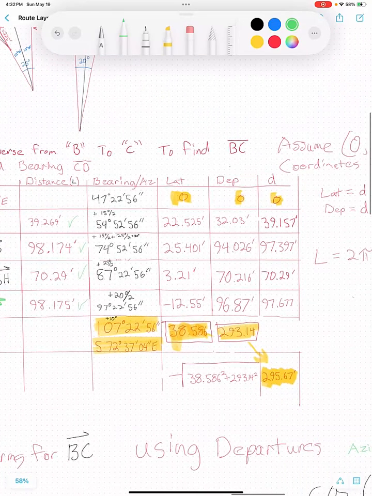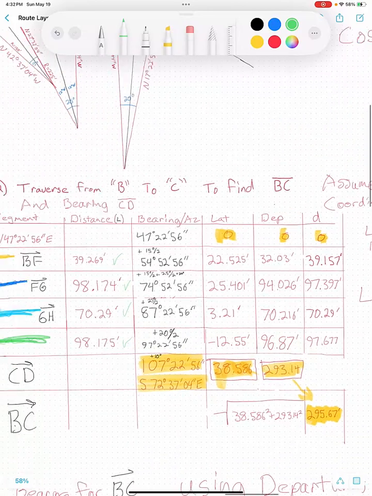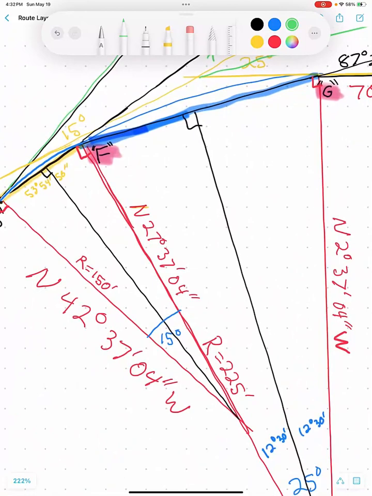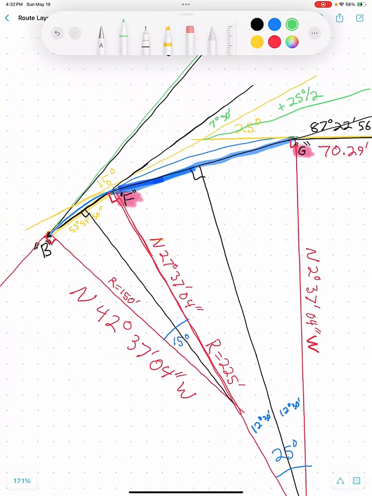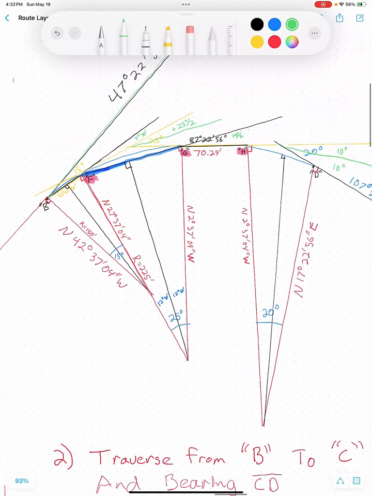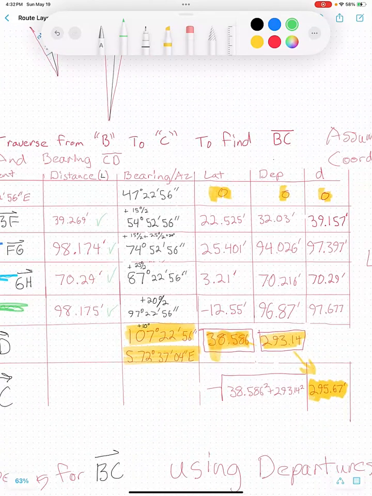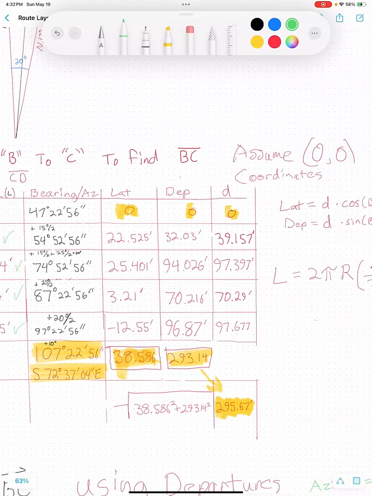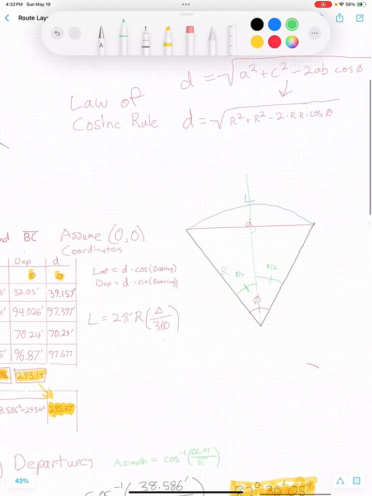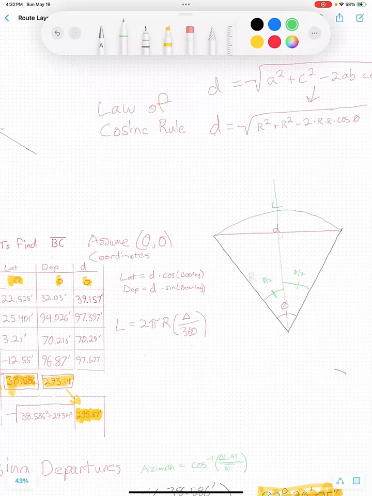Now that we have the correct bearings or azimuths of those line segments that are perpendicular to these radii, we can now calculate the distance. Remember, coming back over to our formula here, L equals 2 pi times radius times the delta over 360.